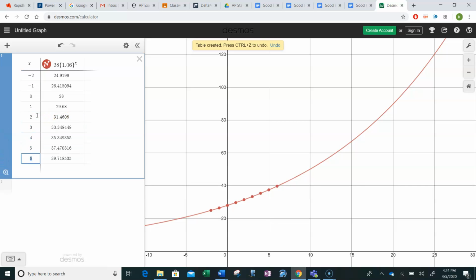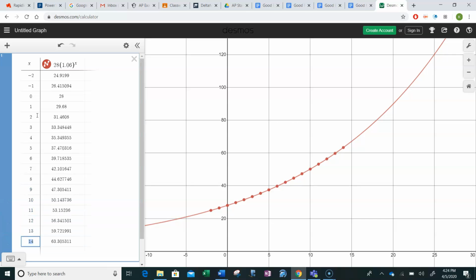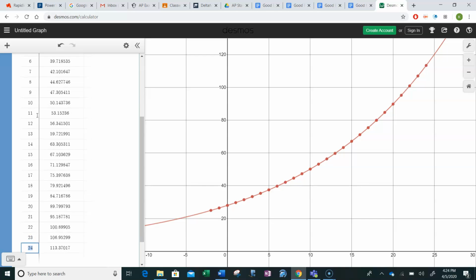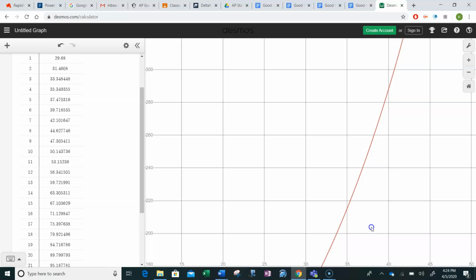You can keep pressing enter, and at first it might seem kind of linear, but over time you can really see how they get further and further apart. If we get all the way down to 24, we can see that at 24 hours there are about 113 flies. If you continued going out, it really starts to take that exponential turn, growing faster and faster and faster.